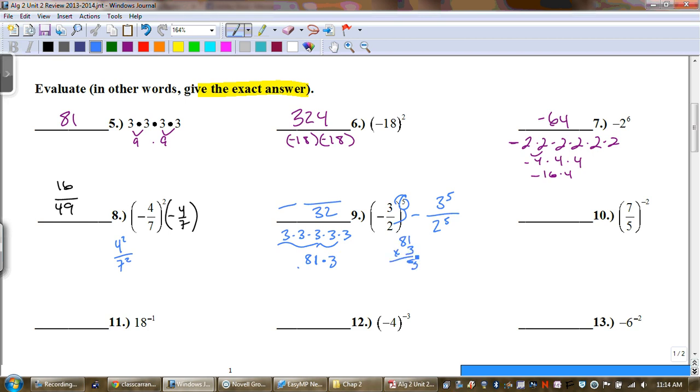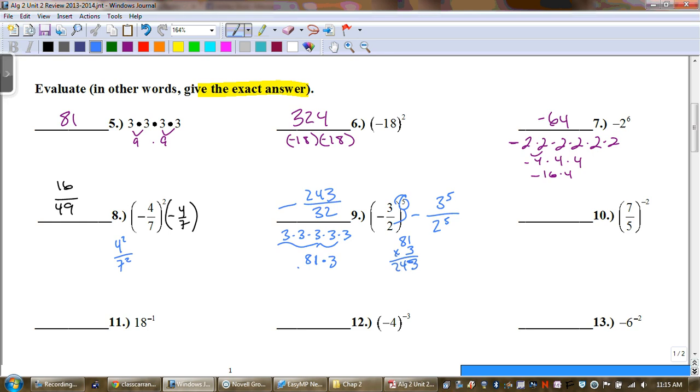And you get 243. So we get negative 243 over 32. And since we tried to reduce the fraction at the very beginning, we can't reduce it now. Always reduce inside the fraction, inside the parentheses first, to see if you can make it simpler.